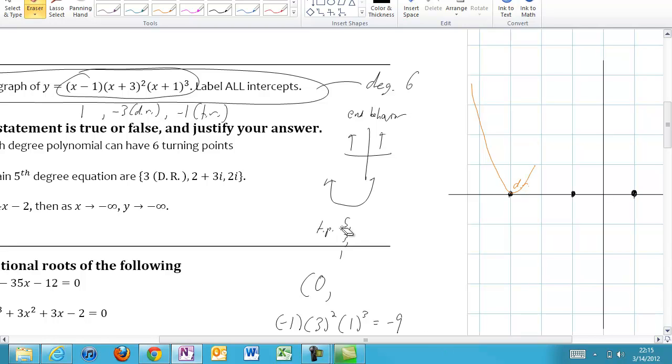One other check we can do would be our sign graph. If I created a sign analysis and did -3, -1, and 1, and I test my regions, well, if I test -4, for example, I'm going to get a positive region. I have -5, the squared isn't going to matter, and -4 plus 3 cubed is going to give me a negative, and a negative times a negative is a positive.